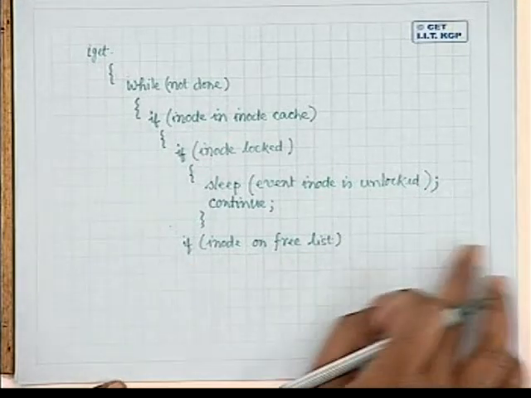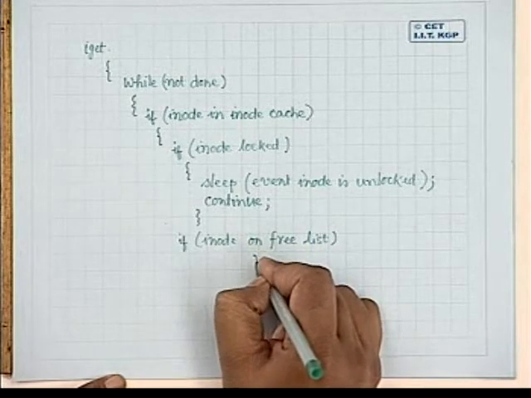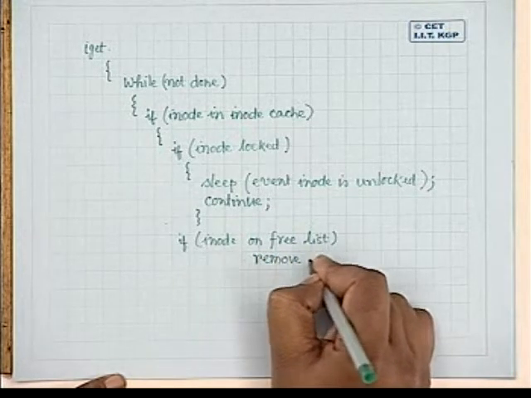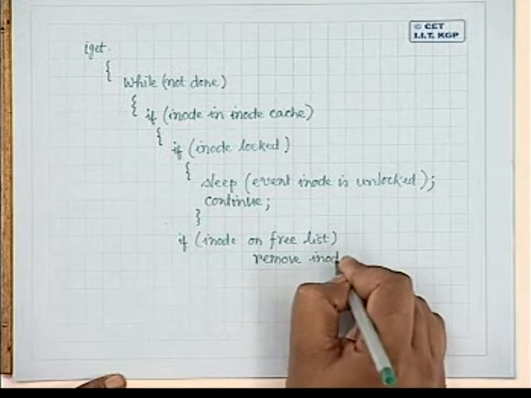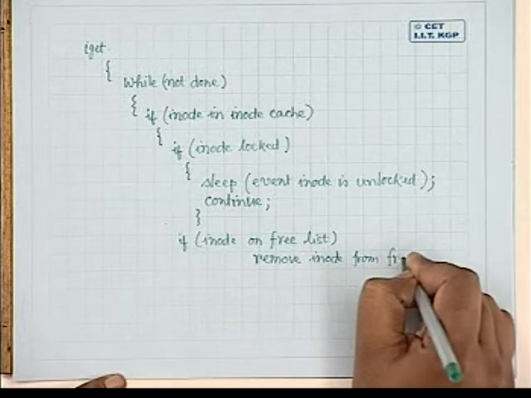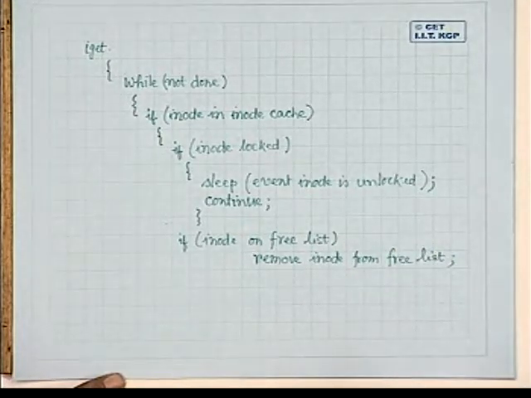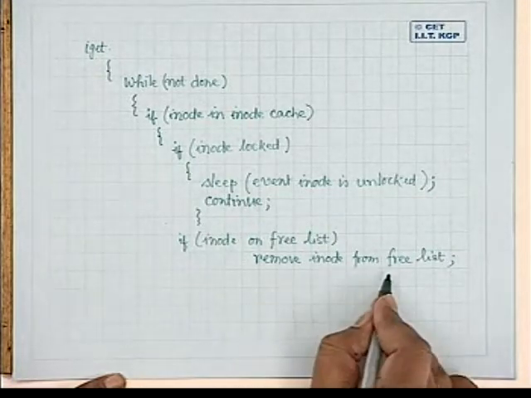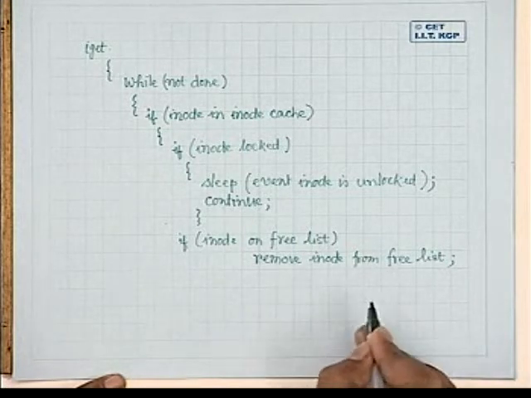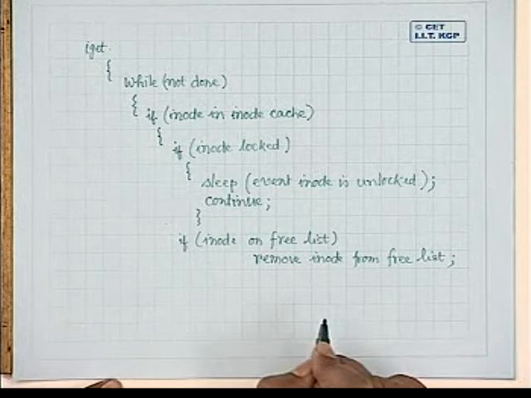So if the inode is on free list, in that case the inode has to be removed from the free list, because it will not remain free anymore. One process has requested for it. And after removing this from the free list, because now another process has made this inode active, the reference count field has to be changed to 1. Earlier it was 0.